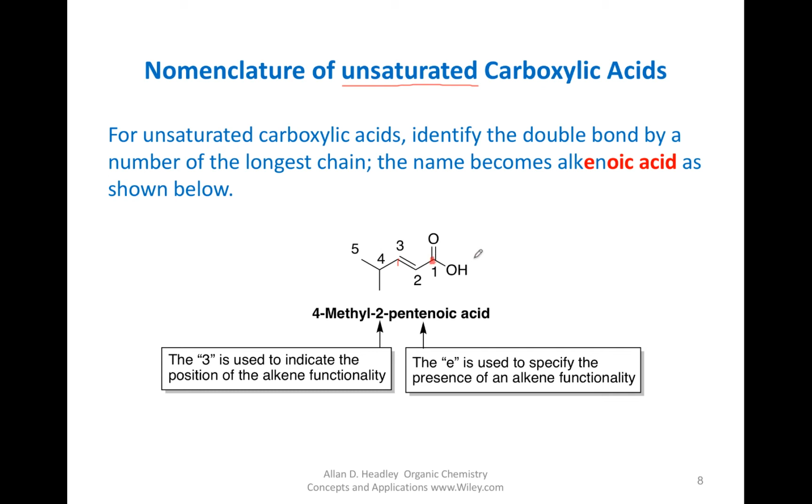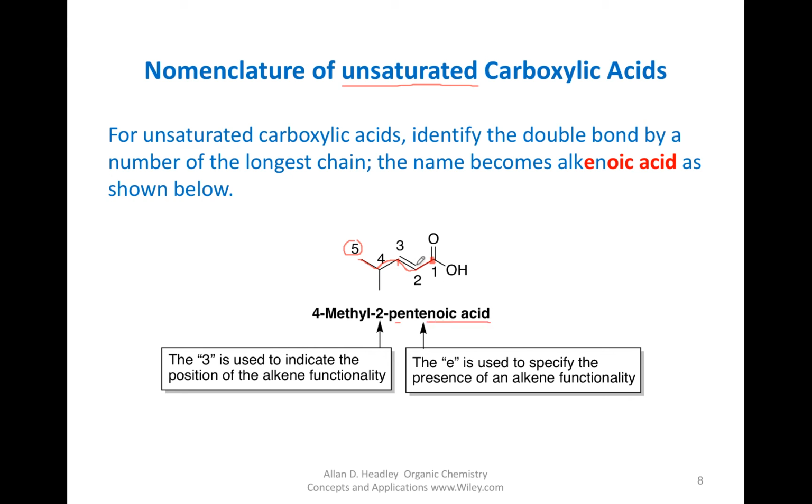Identify your functional groups on the molecule, determine which has the highest priority, and name it based on that highest priority functionality that's present. So this is number 1, and the longest chain here would be 5. So it's going to be a pentanoic acid right here.